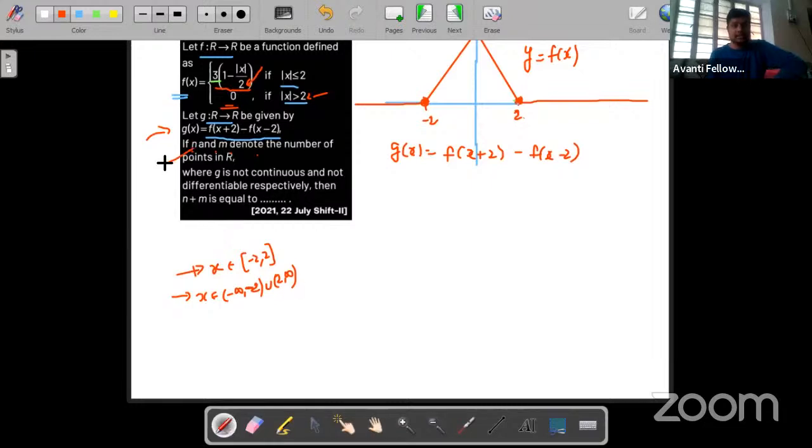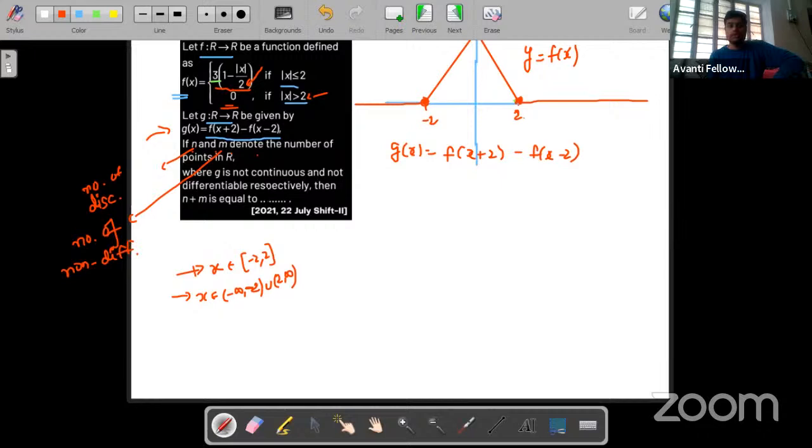Means n is the number of points where the function is not continuous, so discontinuous points. And what is m? m is the number of non-differentiable points.